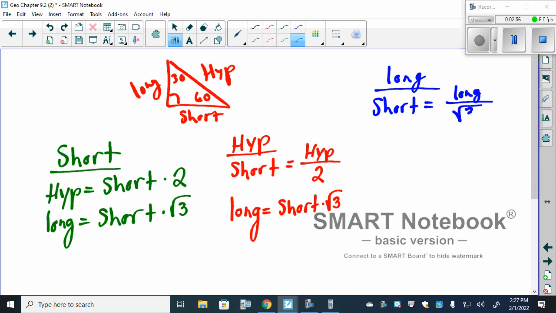The square root of 3. Because what did we do to go from short to longer? We multiplied by the square root of 3. So to go backwards, we would divide. We would do the opposite. And to find the hypotenuse, we would take the short side length and multiply it by 2.